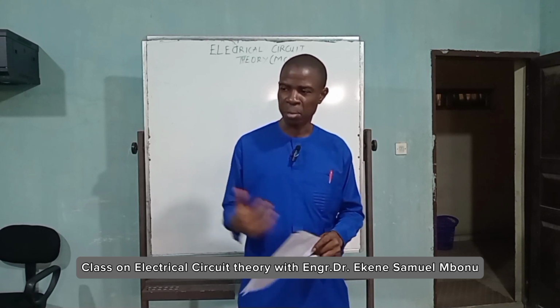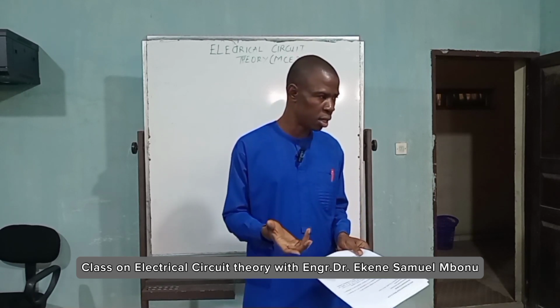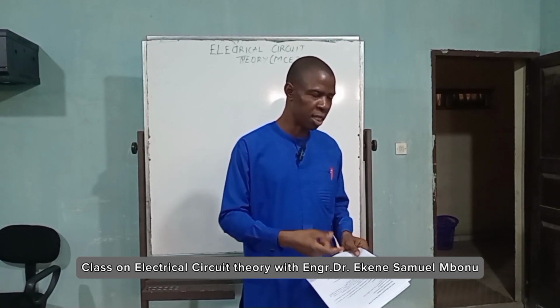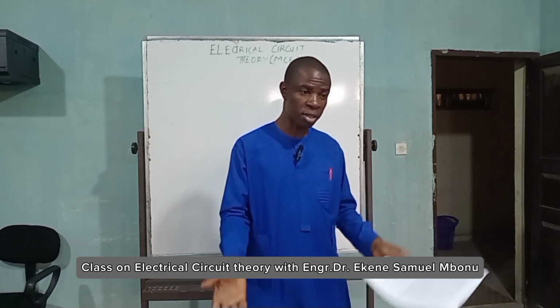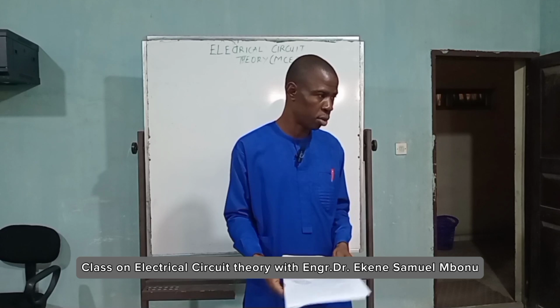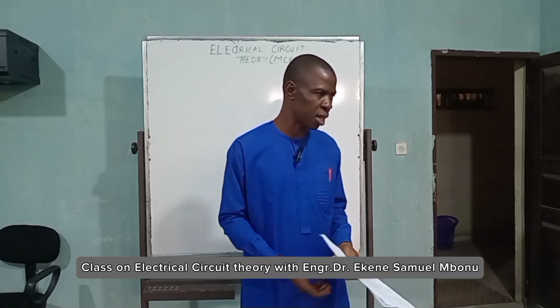For example, now, transformer. If you pick up a transformer, what is there? The coil is a what? It's an inductor with a what? With a resistor. And nothing more. That's the basic thing there.